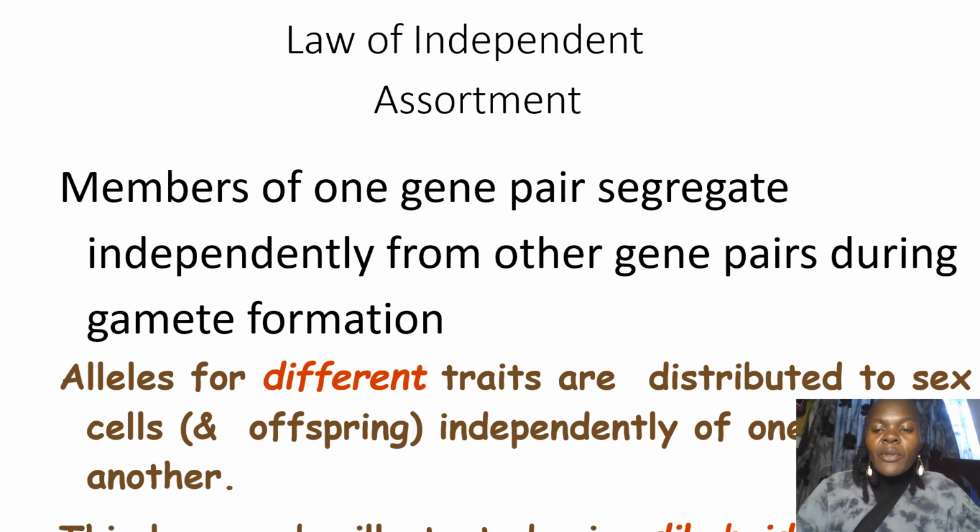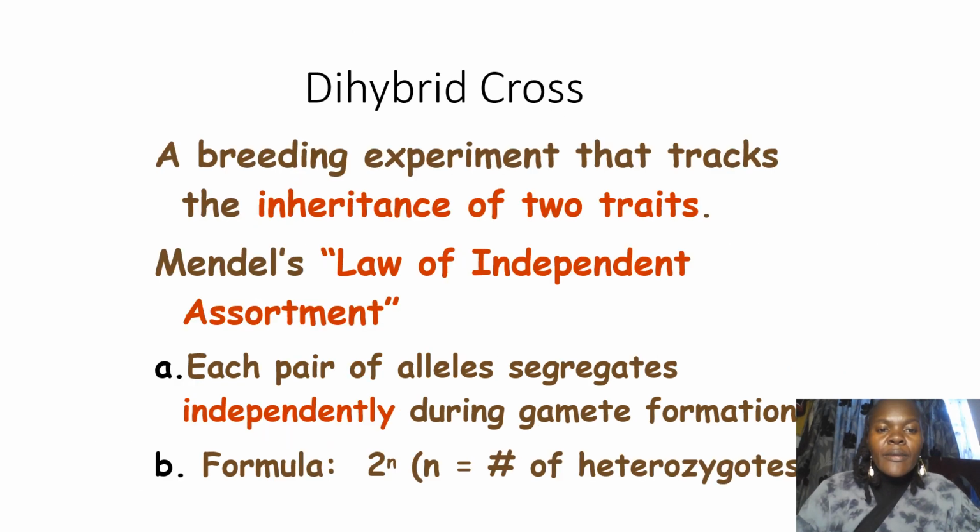So when I talk about dihybrid, we are dealing with two traits, and that's why I gave the example of shape and height. The dihybrid cross is an example of the type of cross which expresses independent assortment as the third law of Mendel, or the third principle of Mendel.